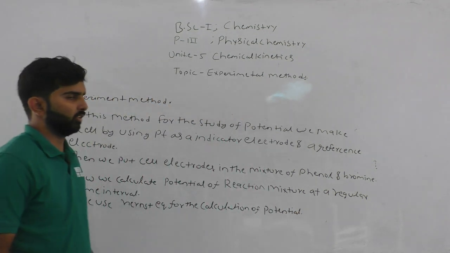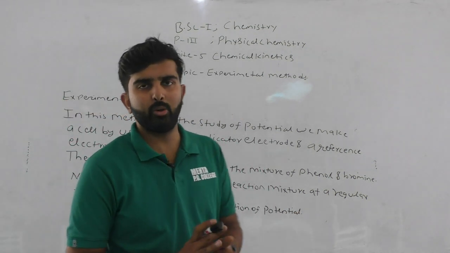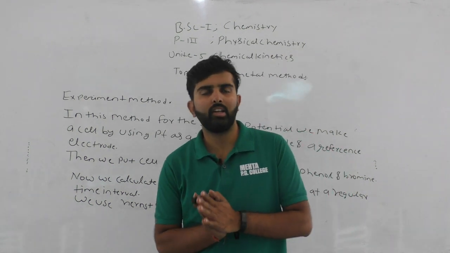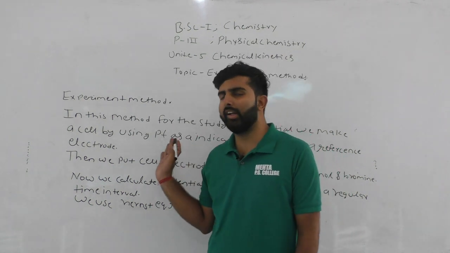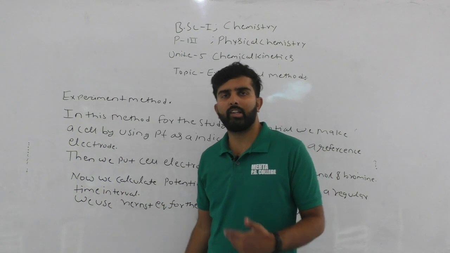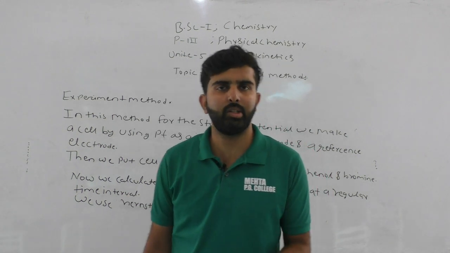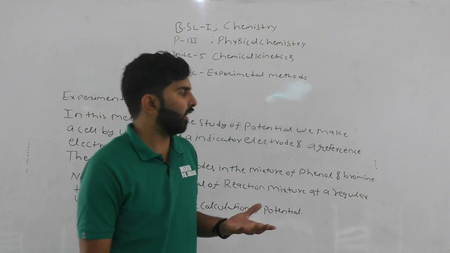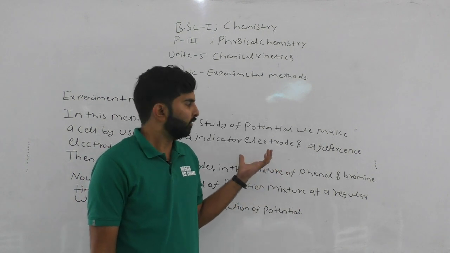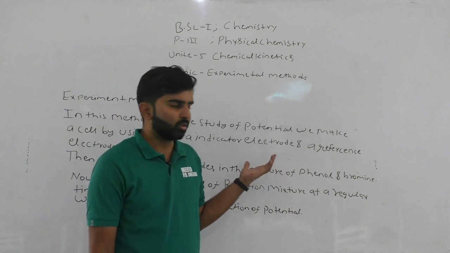We use Nernst equation. So, the method for this is also simple. First we make a cell in which we take a reference and an indicator electrode. The indicator electrode is platinum, which indicates the potential of the reaction mixture, and we take a reference electrode whose value remains constant.